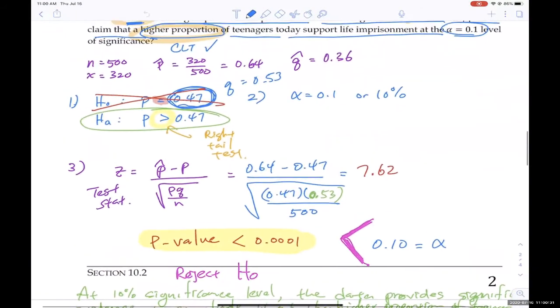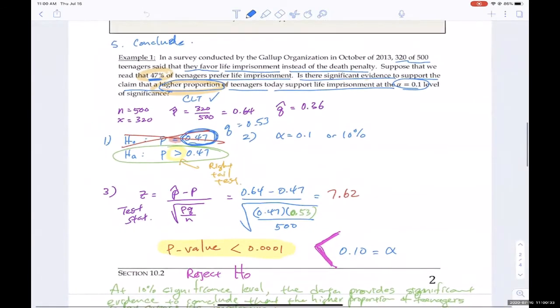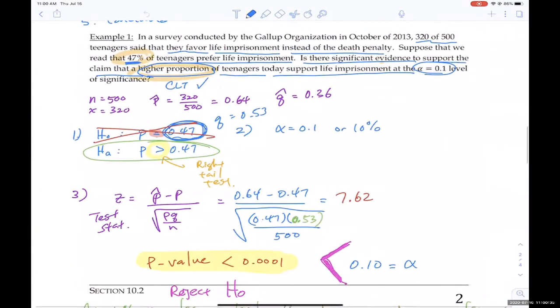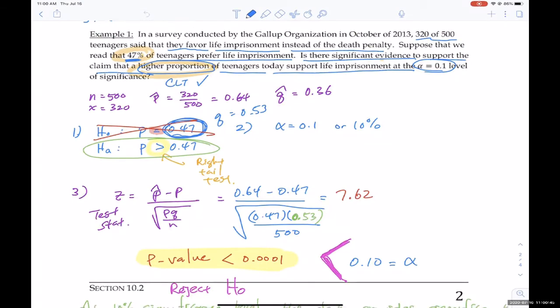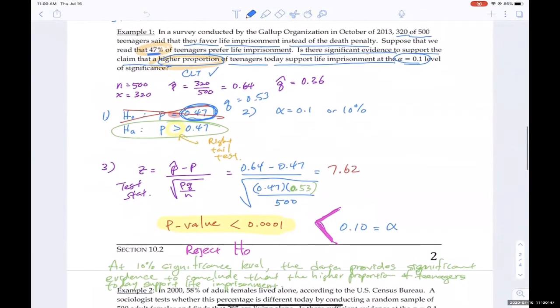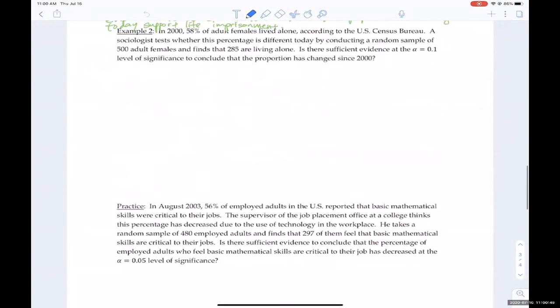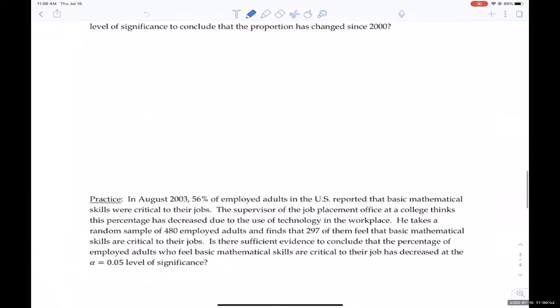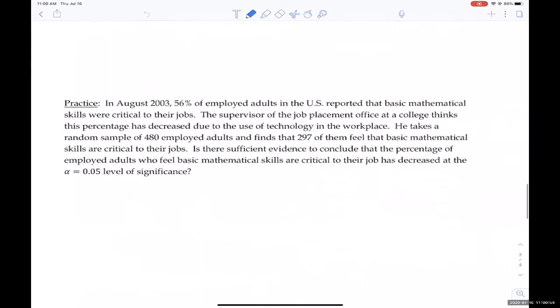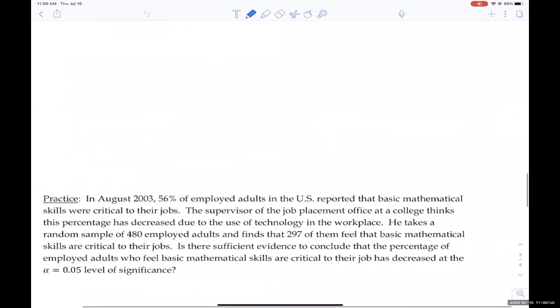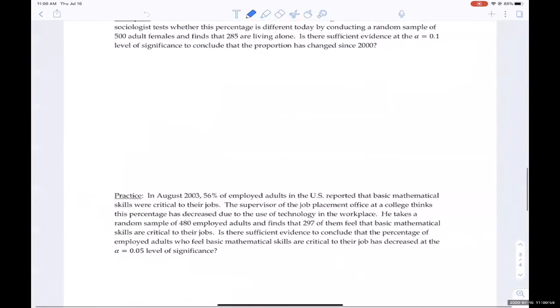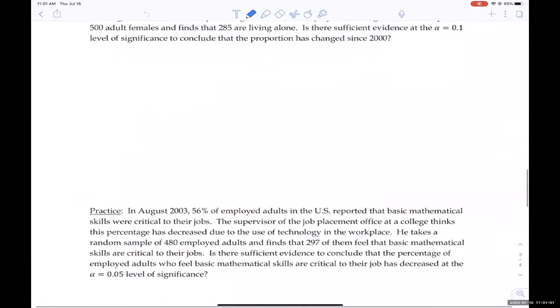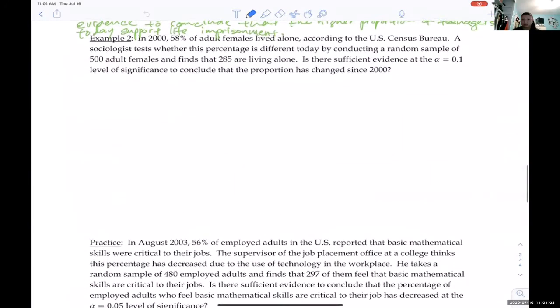We did this one last night, so you can open the Zoom tutoring video link and find how I did it. But let's go on to example number 2, because let's go in order.